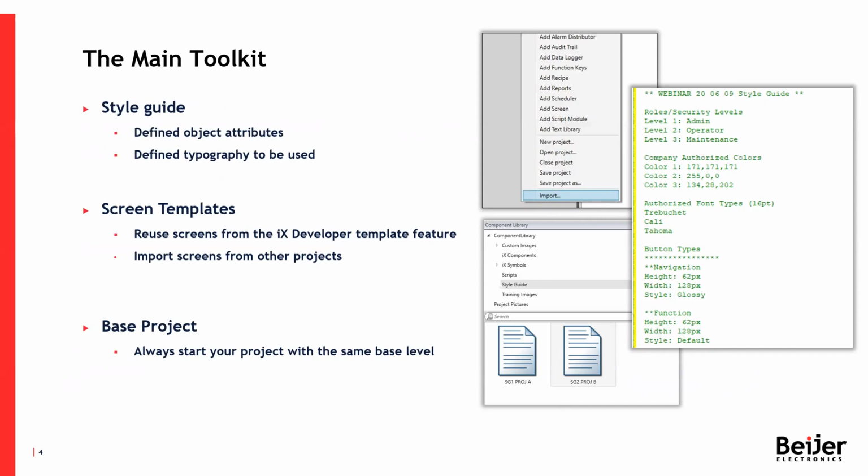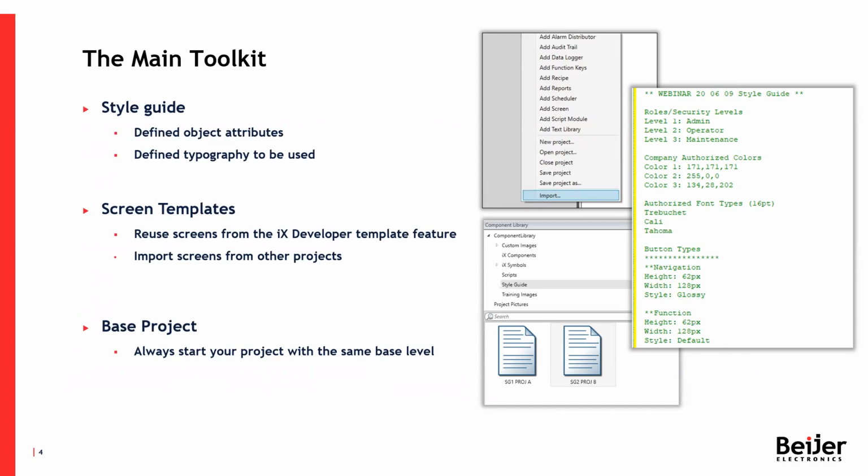All right, however your project's set up. Now you can keep this as basically what you're seeing there in the green text in a separate document, or you can save it in our component library within IX Developer.